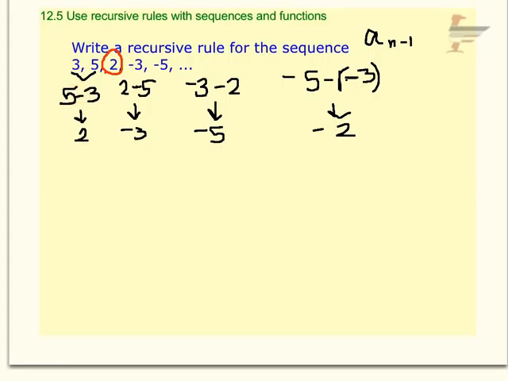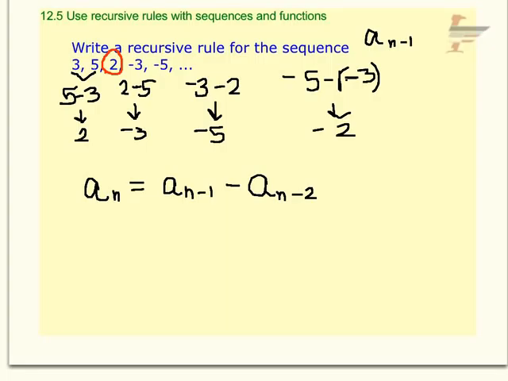So to write that out, I'm going to say a sub n, and in this case a sub n would be my third term that I'm talking about, would be its previous term minus its previous term, or 2 terms previous of it. So again, if this is my third term, I'm going to take my second term minus my first term, and that's going to get me that term.